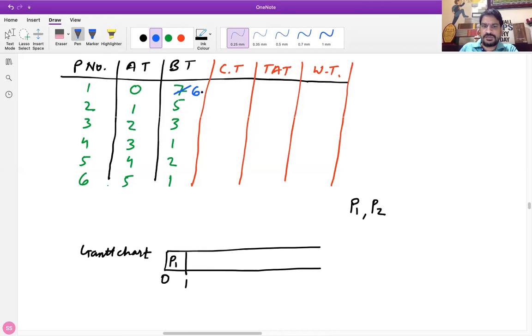We'll compare 5 with 6, which is the least one. So definitely process 2 has 5, which is the least burst time. So what we do? We do the context switching. We'll take out process 1 and put it into the ready queue. We take out P1 and put P2 into the CPU, right?